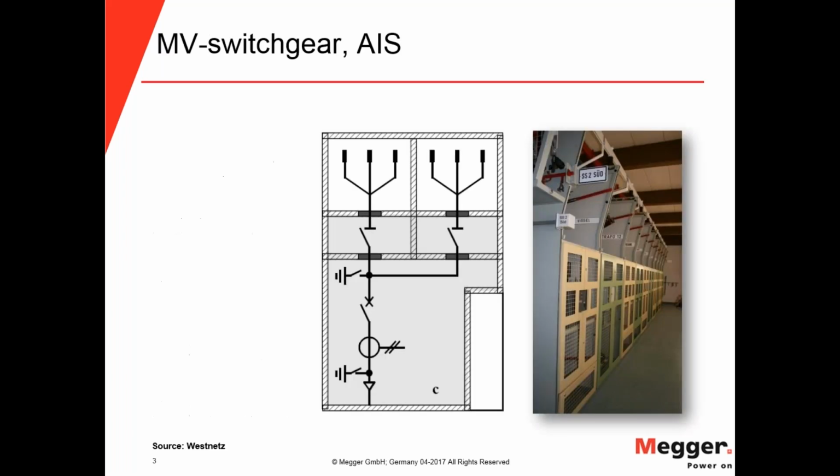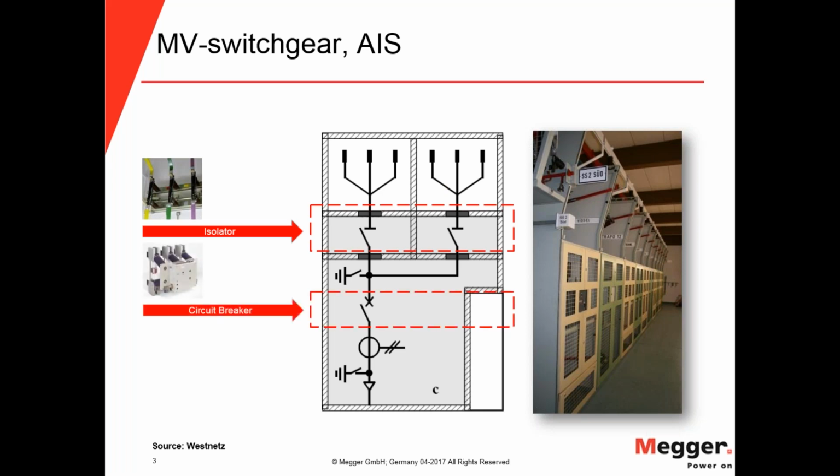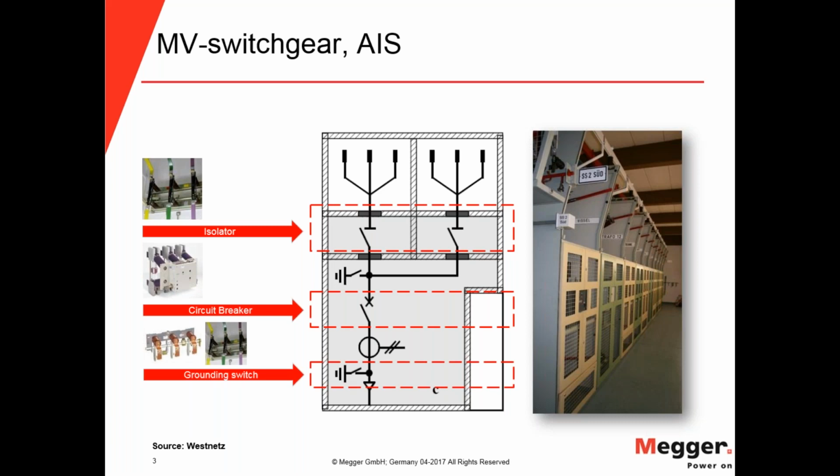So then a little bit about medium voltage switchgear in air insulated switchgear. So here you see a typical bay with the two bus bars. You have isolator switches, and you have your power circuit breaker and a grounding switch or earthing switch.